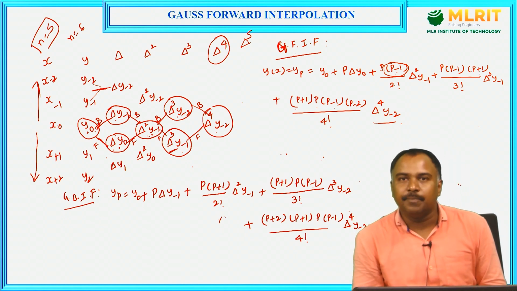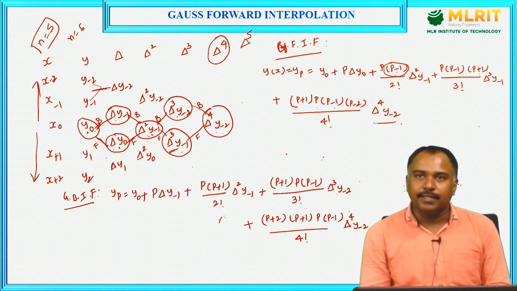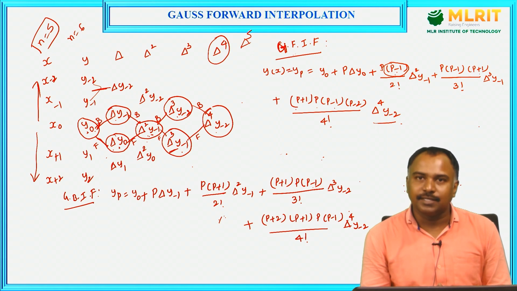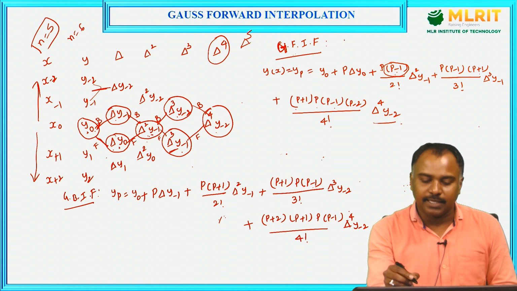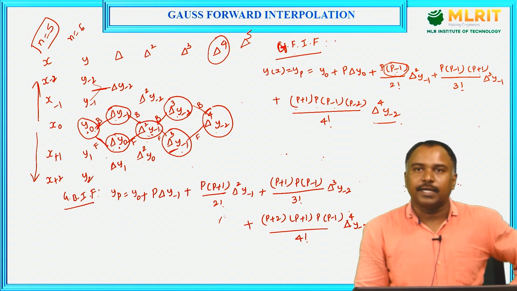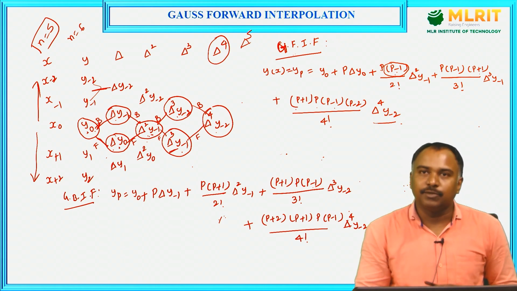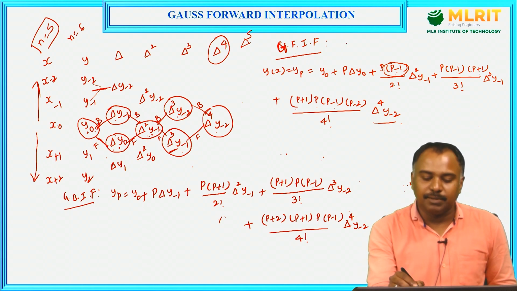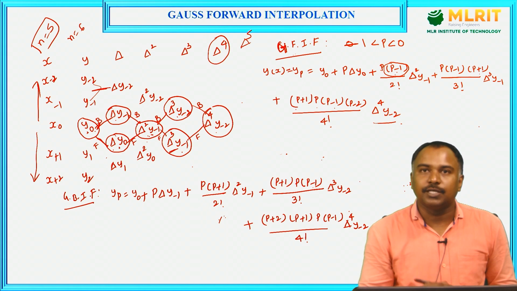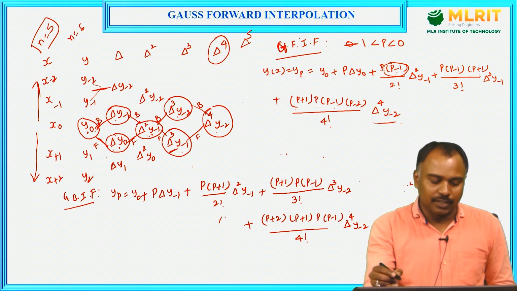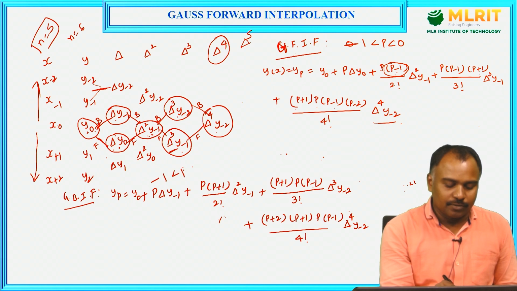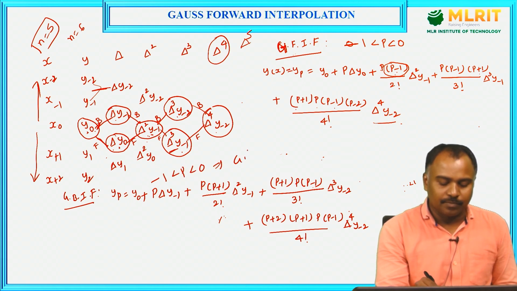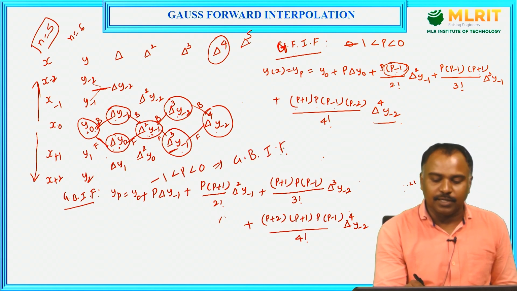This is the way we can write or remember the formulas easily using this particular table. What we need to remember basically is that if the value is located in the middle of the table, we use the central differences based on the p value. If the p value is negative, between minus 1 and 0, we go for the Gauss backward interpolation formula.